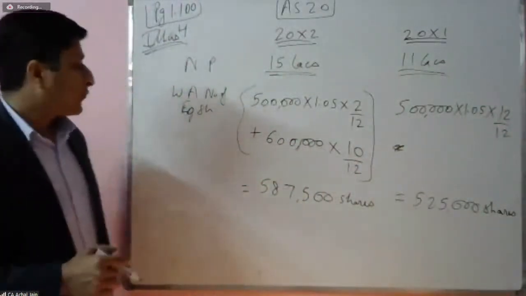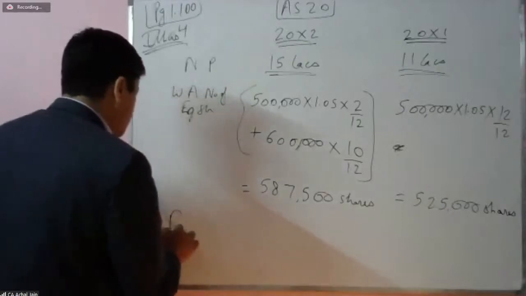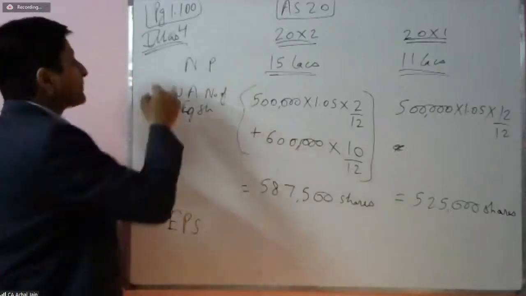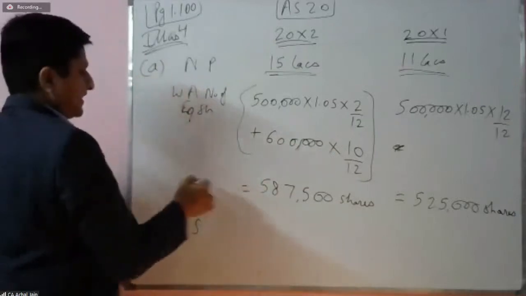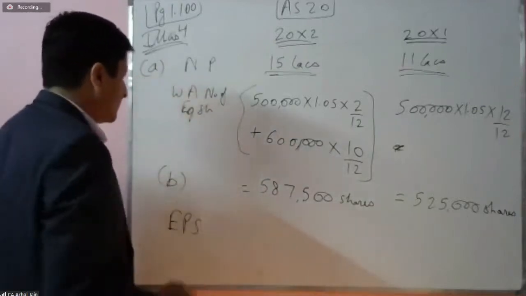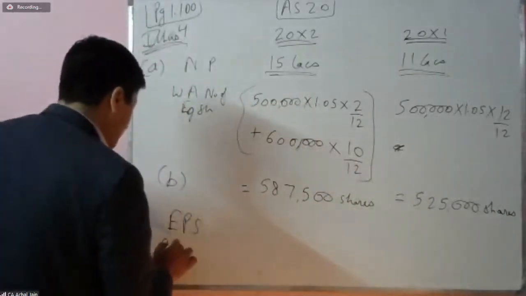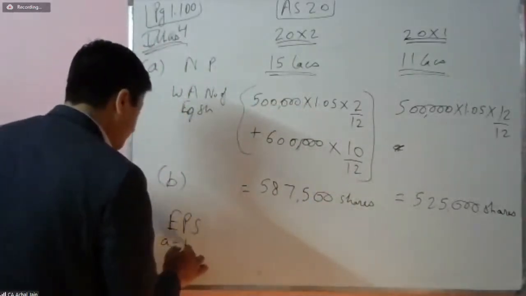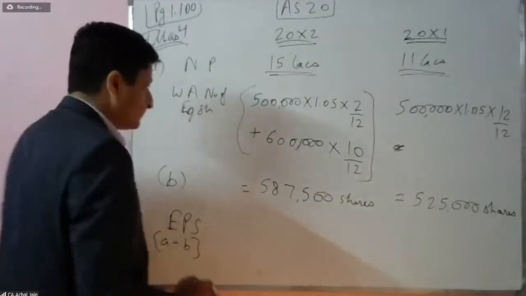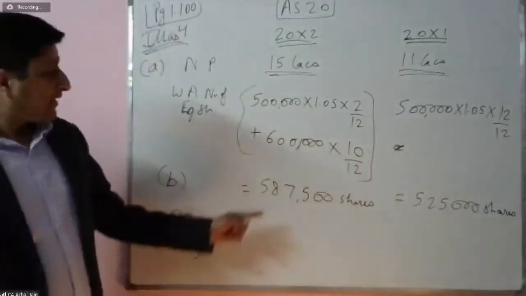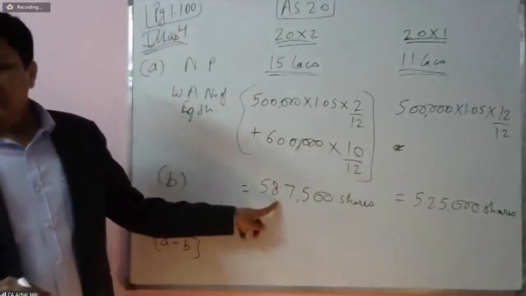Now, for the purposes of EPS, I think the remaining part becomes very easy. Why? Because this is A and this is B. So what do we need to do? Simply A divided by B. So what do we get? 15 lakhs divided by 5,87,500.